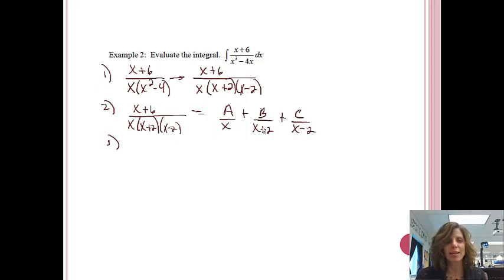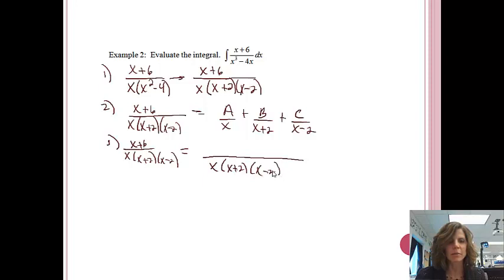All right, step 3 was to set the numerators equal to each other, well, actually before we do that, let's get a common denominator over on that right side. So I'm just going to rewrite the left side just for a minute so we don't forget that it's there. The common denominator is going to be x times x plus 2 times x minus 2.